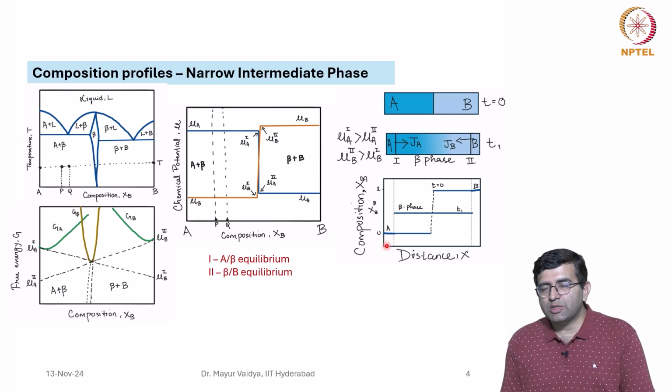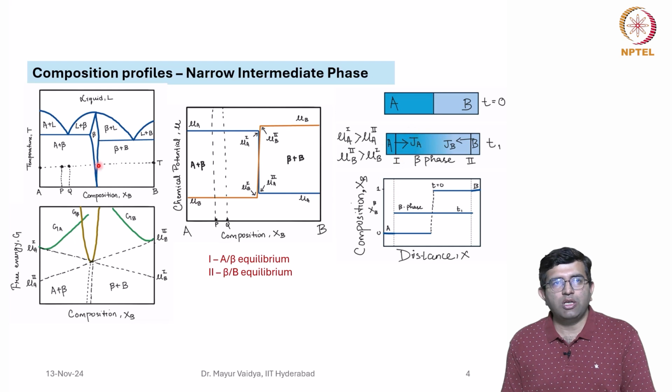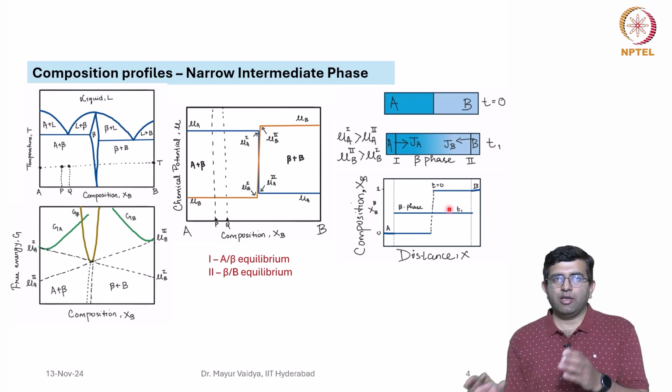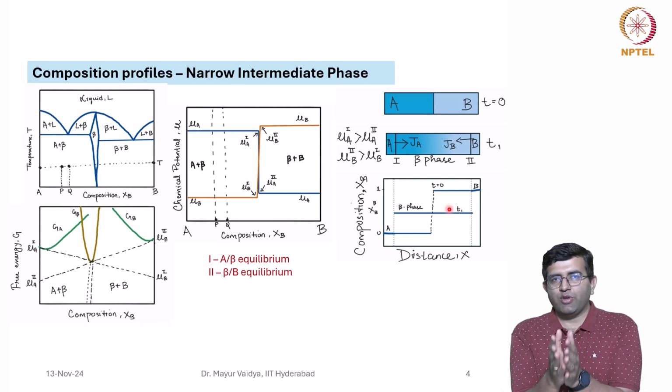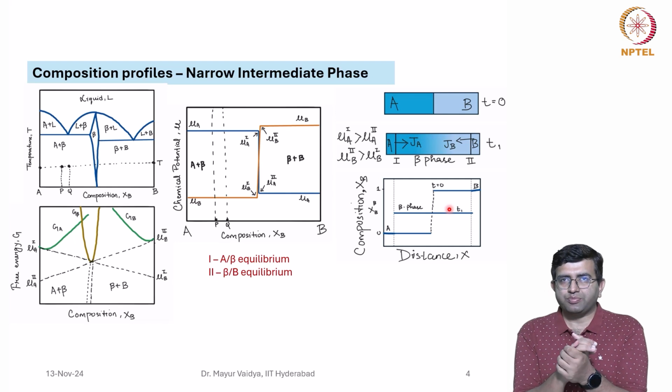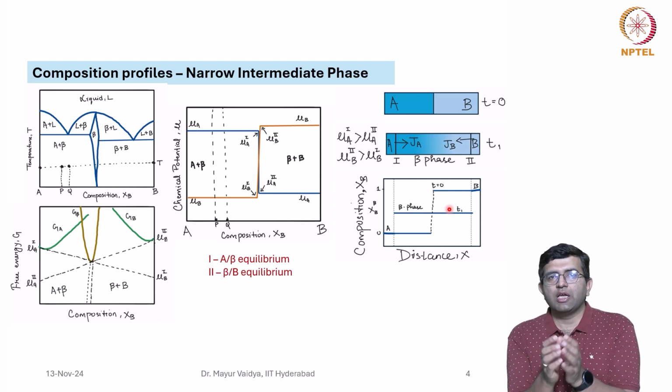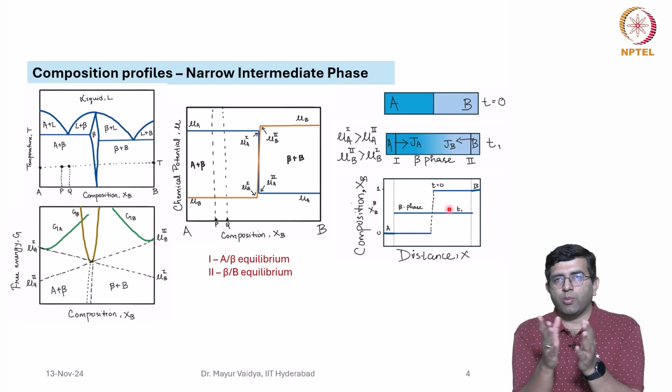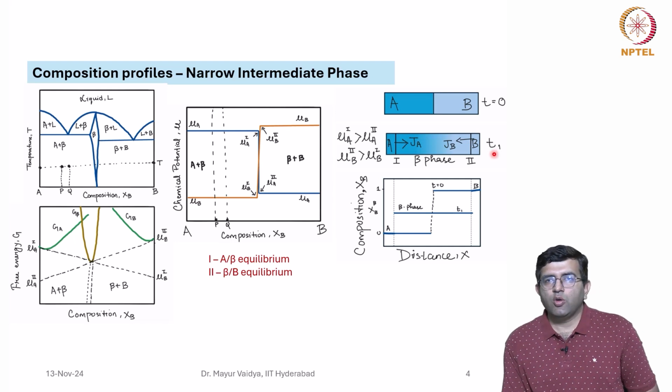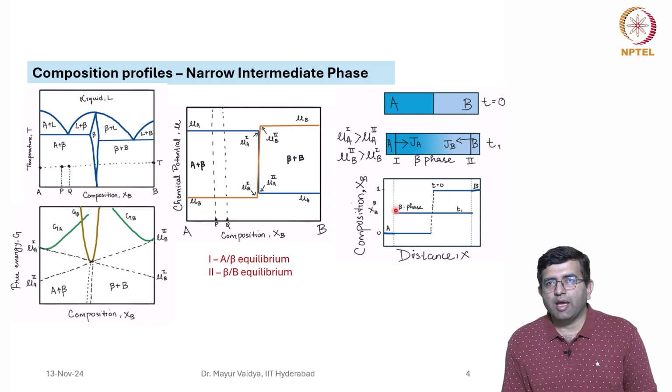Unlike the isomorphous case where there was a continuous development, here there will be a jump, because the composition now reaches the composition of the beta phase, which is this here, and it remains so as long as there is beta phase in the interdiffusion zone, then it again jumps to this B. So, hope that is clear that in the interdiffusion zone, if there is a narrow intermediate phase, that means the composition range over which that phase exists is very narrow, you will almost see a horizontal line here.